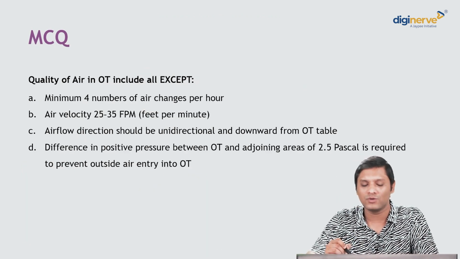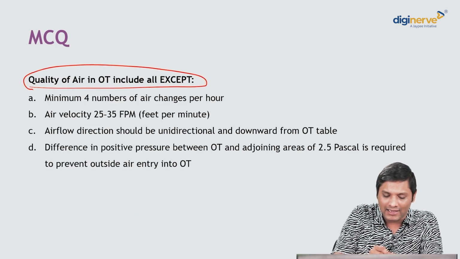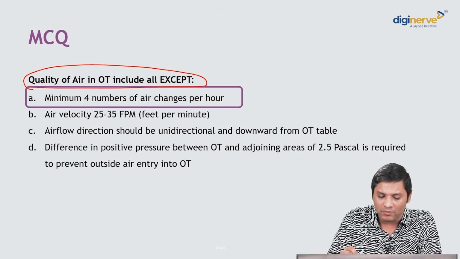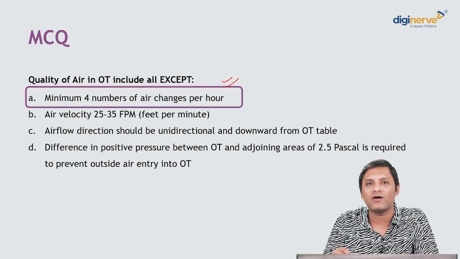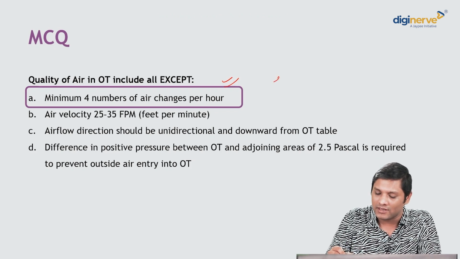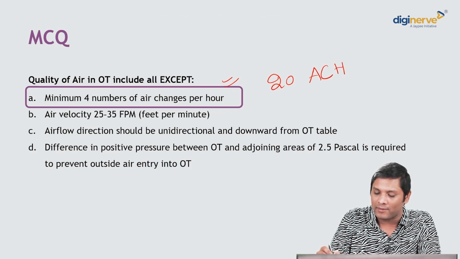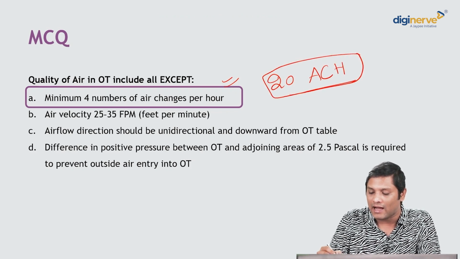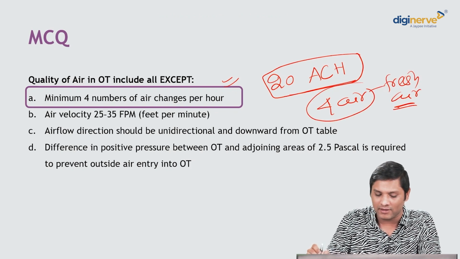The next question for you is, quality of air in OT includes all except. Again, a point to be noted, the minimum air exchanges per hour inside the operation theatre has to be 20. Okay, 20 air exchanges per hour has to be there. In that, 4 should be fresh air. Okay, so this is a wrong statement here.